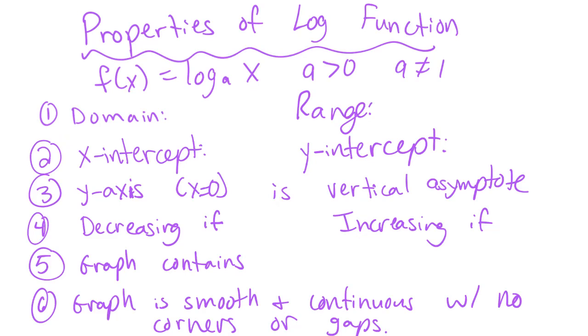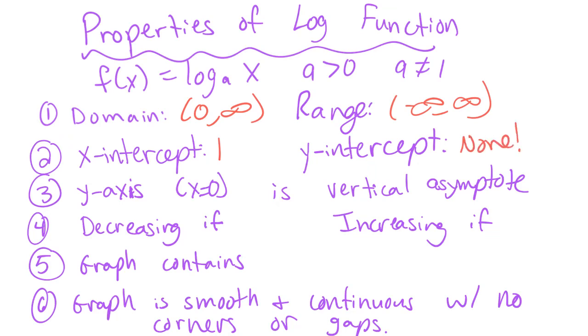For the last part of this video, we have the properties of the log function, so of its graph. The domain, which we've already talked about, is from 0 to infinity, whereas the range is all real numbers. The x-intercept is at 1. The y-intercept, there actually is none. The y-axis, or the line x equals 0, is your vertical asymptote.